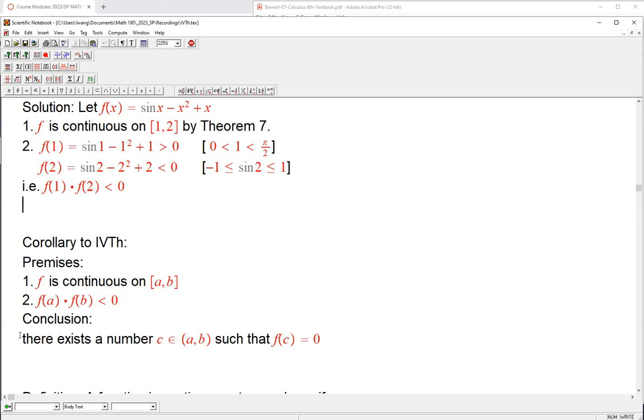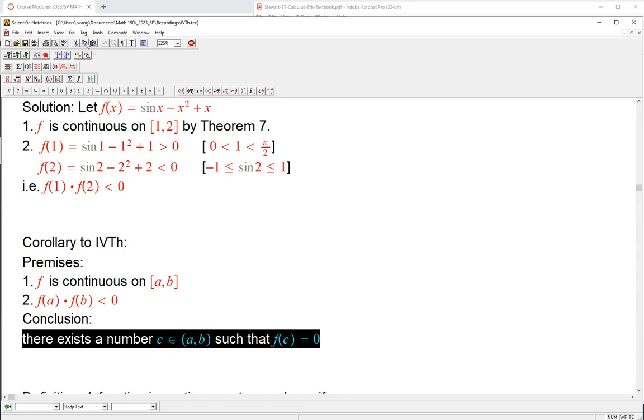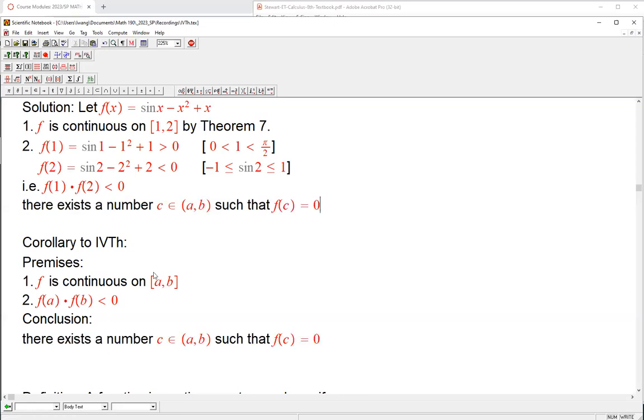Then you just quote the conclusion directly. You may like to say, by the Intermediate Value Theorem, there exists a number c such that f of c is 0, with a and b replaced by 1 and 2, and that's it.